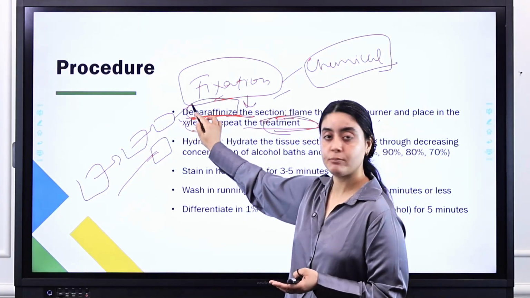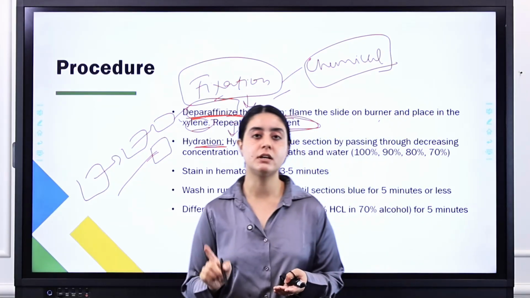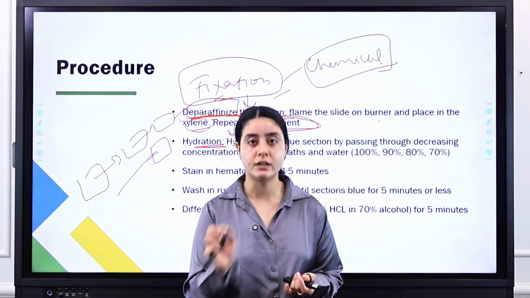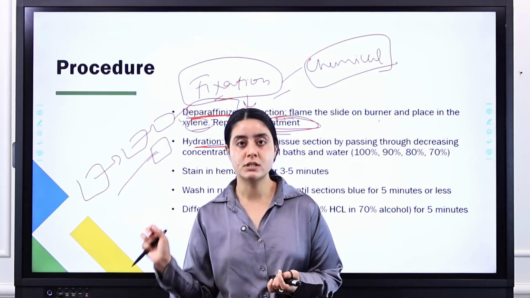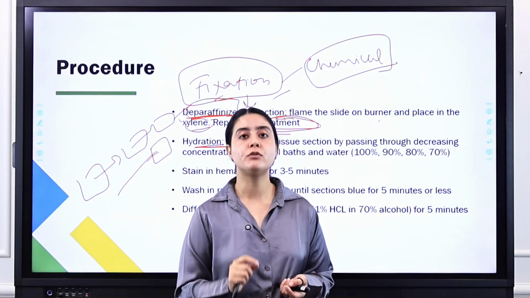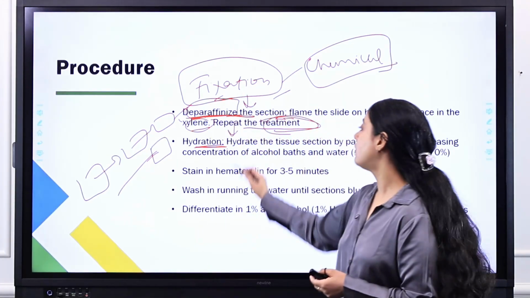So first we have to deparaffinize, next we have to hydrate. As we have discussed earlier, when we receive the sample in the laboratory, we dehydrate it so that we can make the blocks in the paraffin wax. But now we have to perform the staining, so we have to rehydrate our samples. So how do we rehydrate?